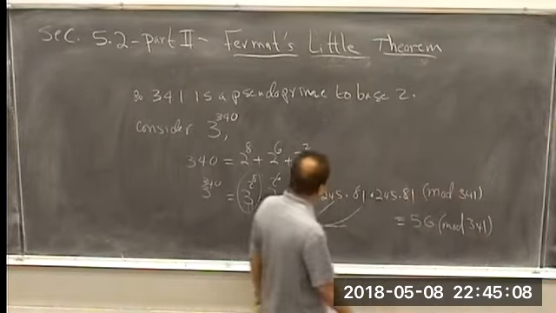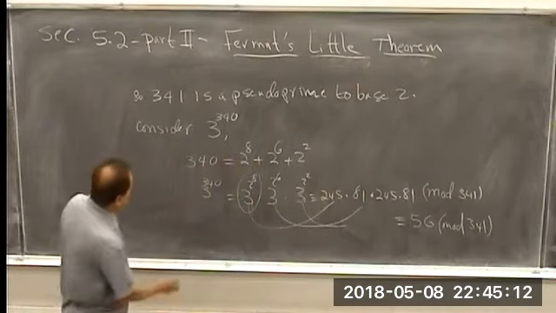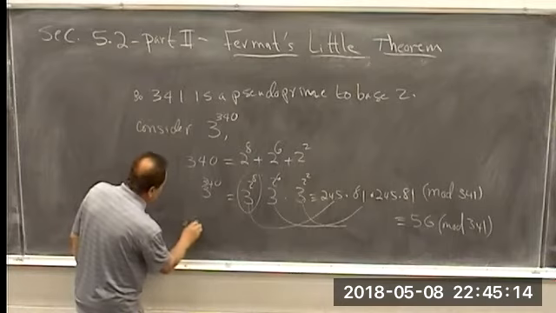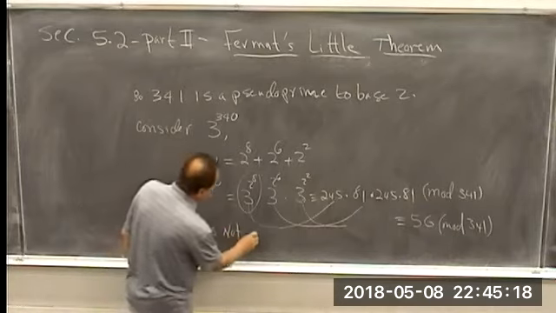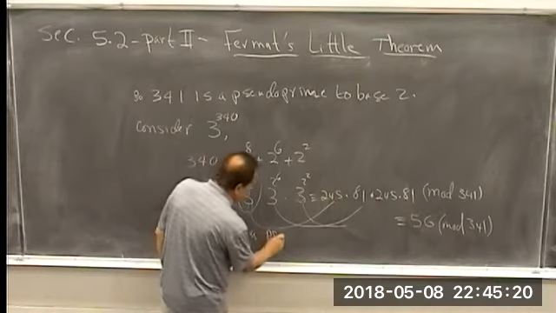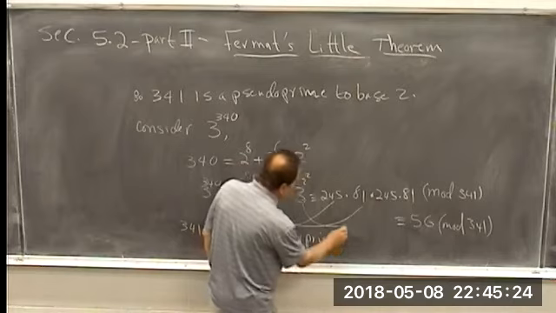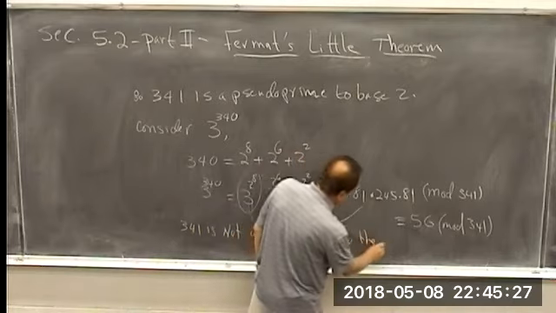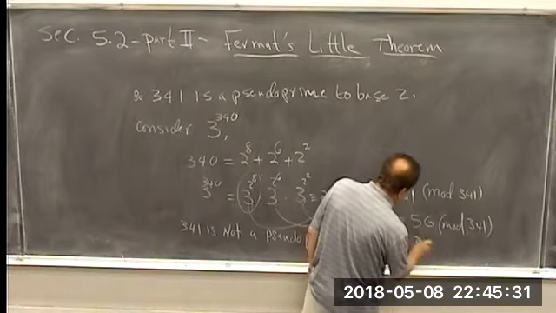So this implies that 341 is not a pseudoprime to the base 3.